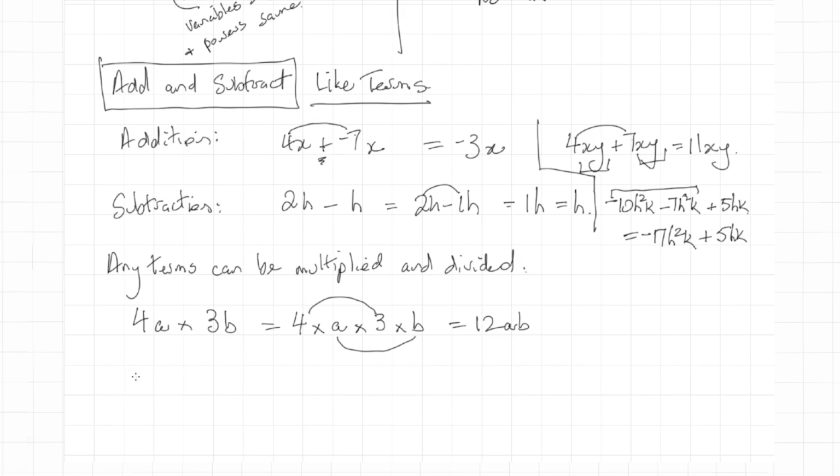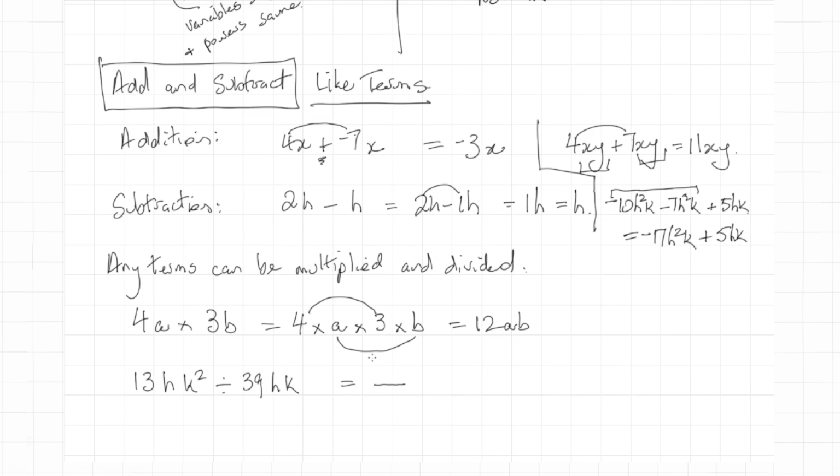Division, 13hk squared divided by 39hk. Now it's probably easiest with these to write them as a fraction, which with the line in the fraction is called a vinculum.